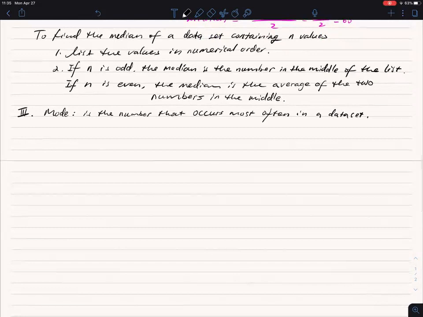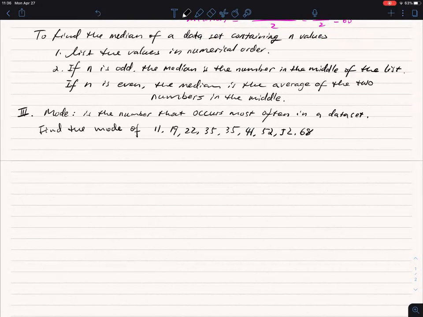Okay, so let's find the mode of this set here. I have 11, 19, 22, 35, another 35, 41, and 52, and another 52, and 68. Now find the mode of this data set. You want to find a number that occurs most often, right?